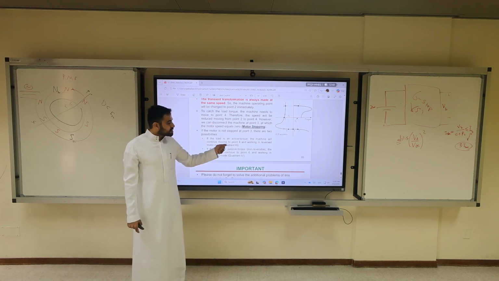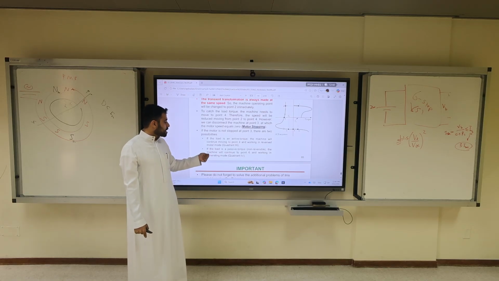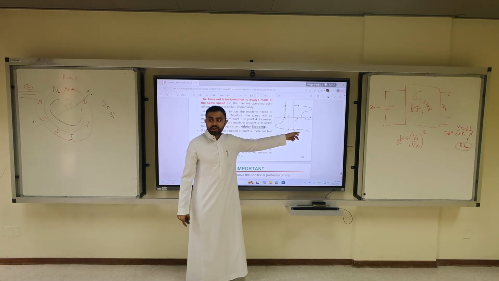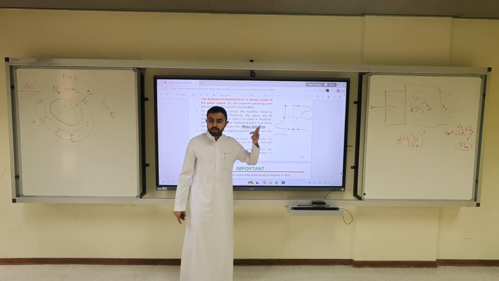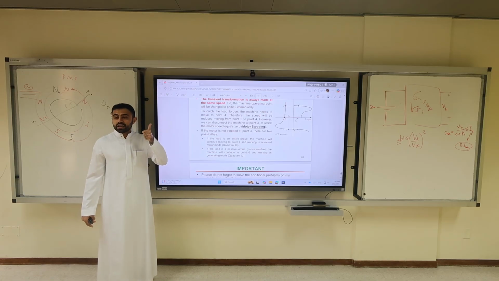If the load is passive torque, non-reversible, the torque of the load has only one direction like the constant torque, the machine will continue to point 6 and working in the generating mode. This is very important. For active load, we can generate using regenerative braking.